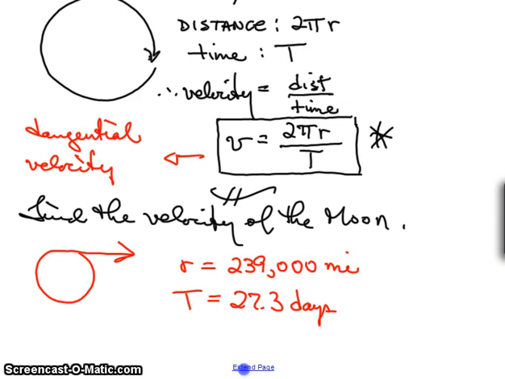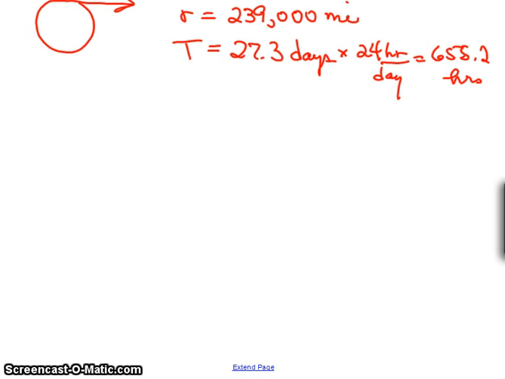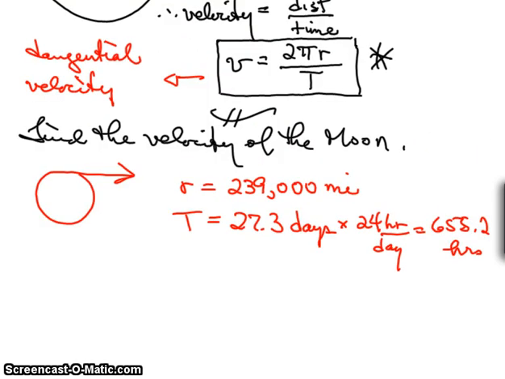So what we have to do is convert that to hours. And so there are 24 hours per day. And so that's going to equal 27.3 times 24, 655.2 hours.